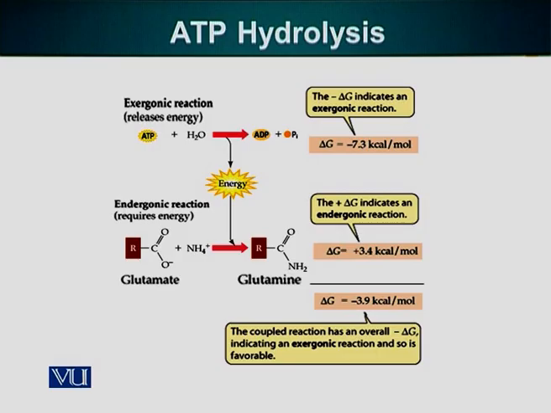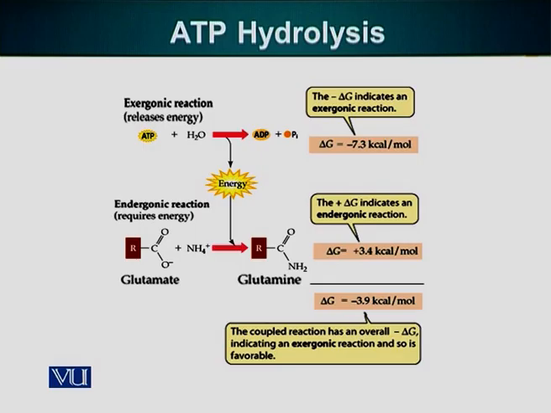Another process, in which glutamate is going to glutamine, requires energy. It requires 3.4 kilocalories per mole. So where are we going to get this energy from? These two reactions are coupled. ATP is hydrolyzed, and part of the energy released from ATP hydrolysis, minus 7.3 kilocalories per mole, is used to make a molecule of glutamine.